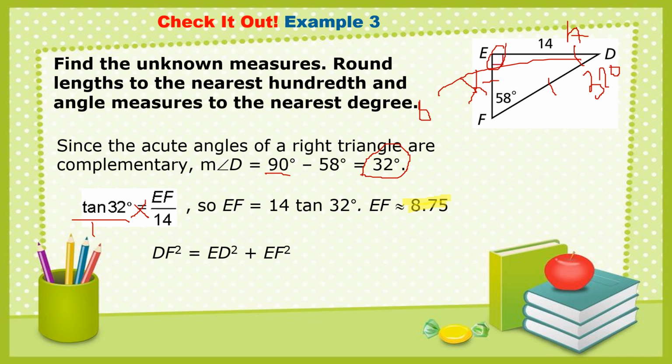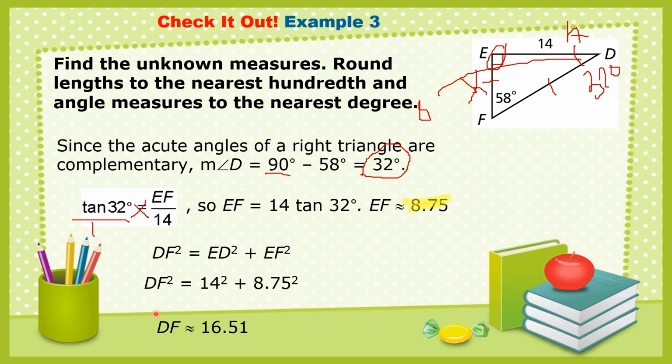So, segment DF squared is equal to segment ED squared plus segment EF squared. Substitute. Segment ED is 14 squared plus 8.75 squared. Then, take the square root of both sides.